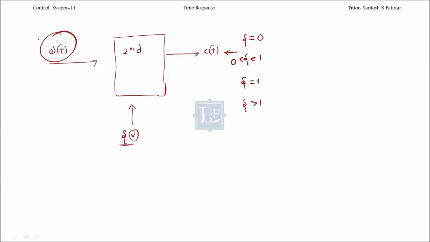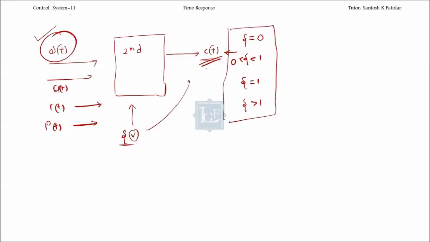So for a particular input we got 4 outputs, because your output is controlled by zeta. Similarly, if you apply the unit step you'll get 4 outputs, and likewise for the unit ramp and the parabola. So till now we discussed these 4 outputs for the unit impulse.